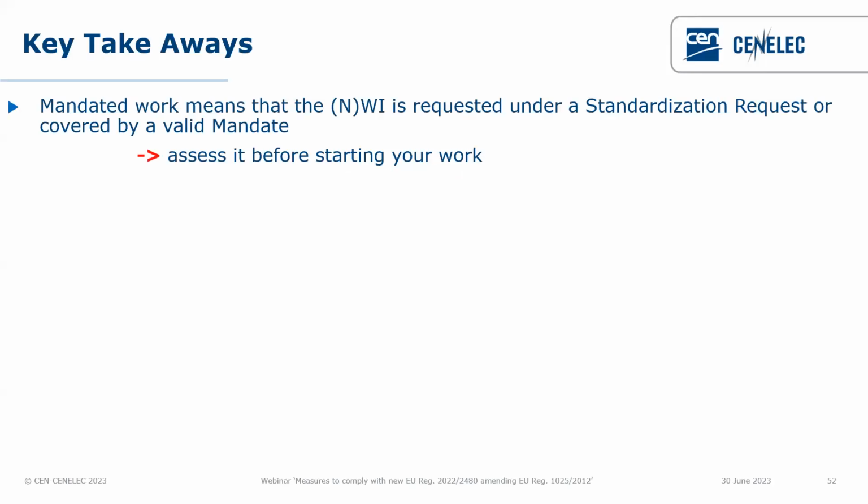Okay, to recap what we have seen today. We are at the end of the presentation, and we will have some time for questions and answers. So, as TBOs, mandated work means that the new work items or work items are requested under a standardization request or covered by a valid mandate.